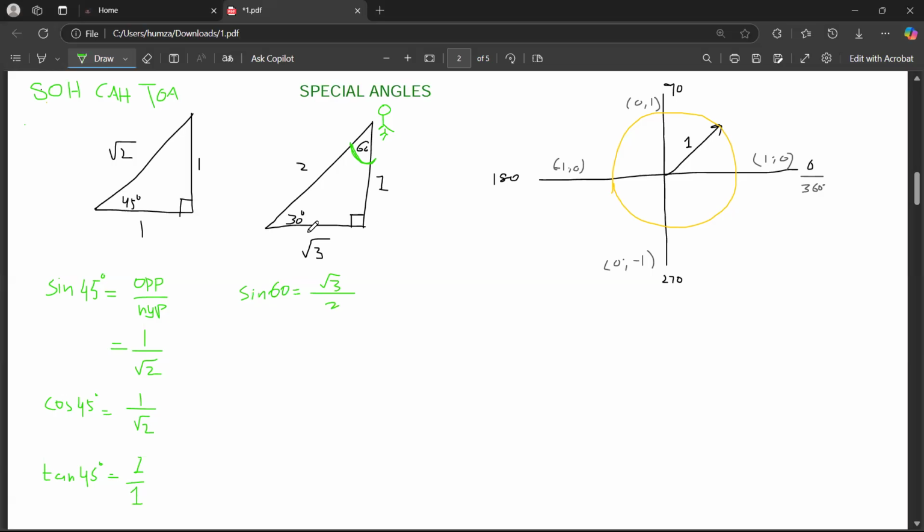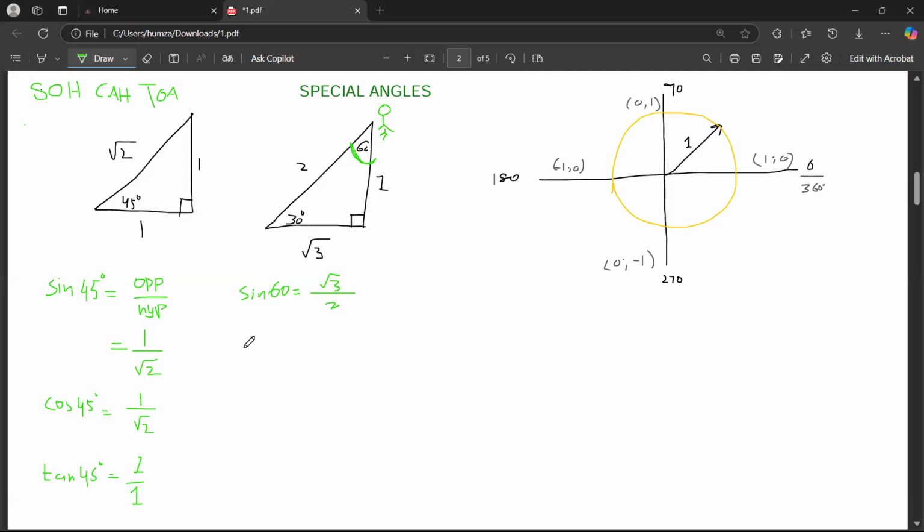That's why for sin 60 degrees, root 3 is the opposite side, and the hypotenuse is not root, just the 2. Hypotenuse is the longest side of the triangle. So this is the ratio.